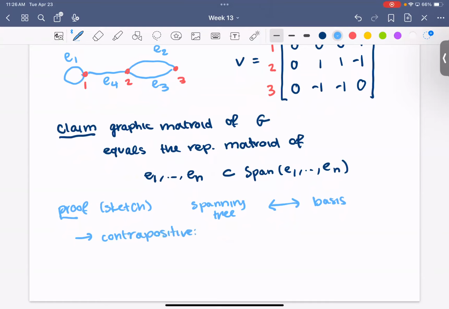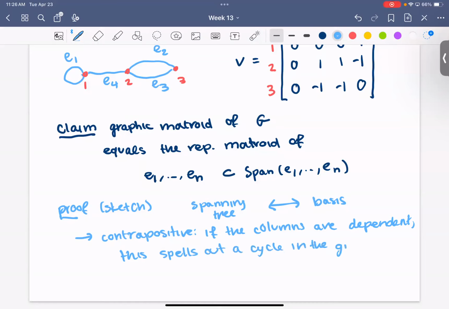If the columns corresponding to a set of edges are dependent, then you can show this spells out a cycle in the graph. So it's not a spanning tree.